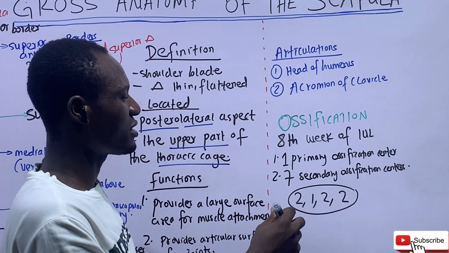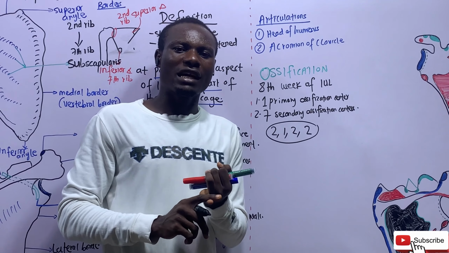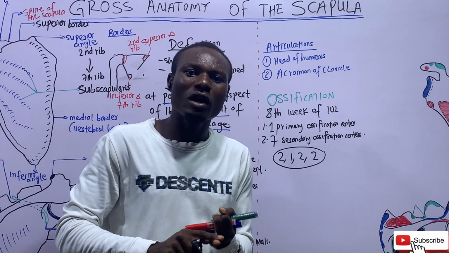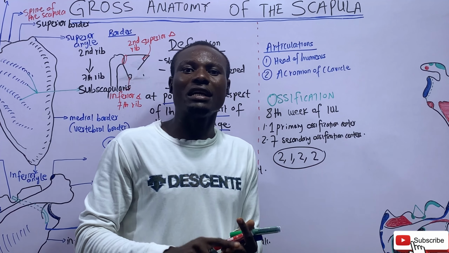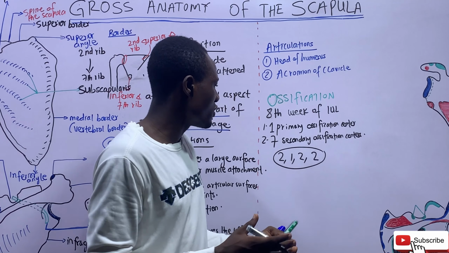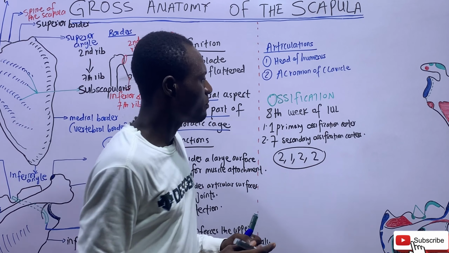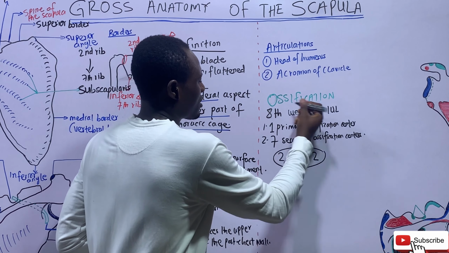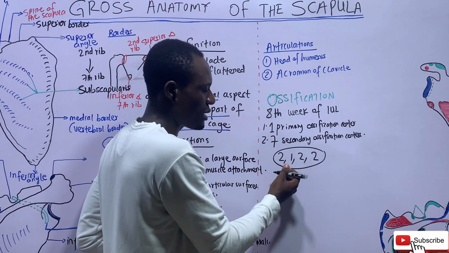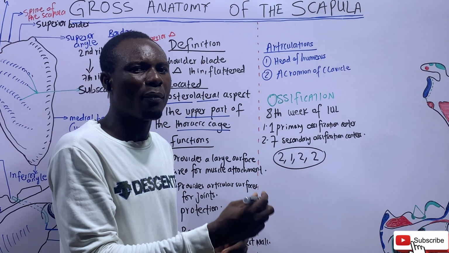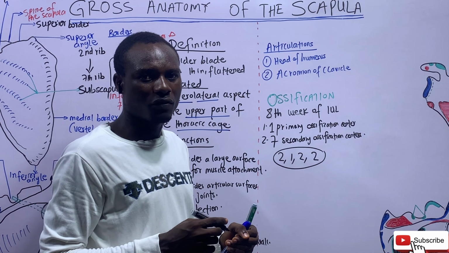So you're going to find the secondary centers scattered at the region of the glenoid cavity, the lateral angle, at the coracoid process, okay, at the medial border, and at the lateral border. These are the areas where you're going to find these 7 secondary ossification centers. Now, the ossification centers of the scapula are very important, okay, because there are various disorders that arise from abnormal development of the scapula. I'll look at that in the clinical correlates section for the scapula.